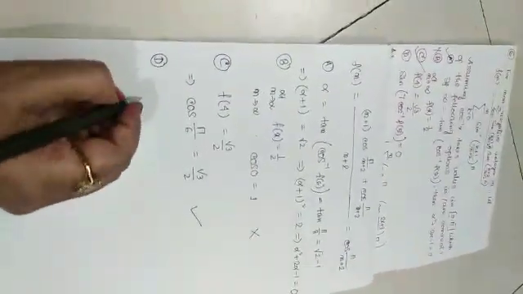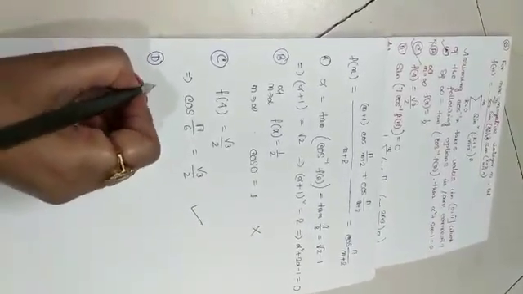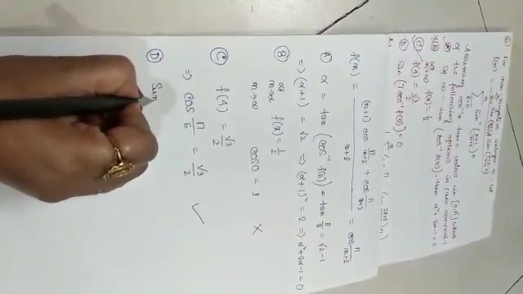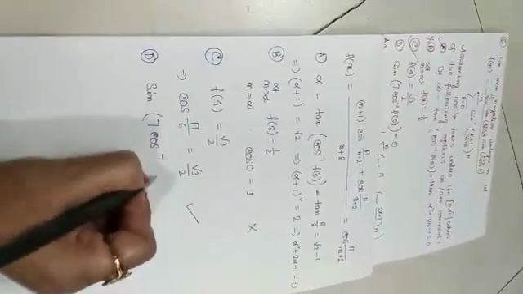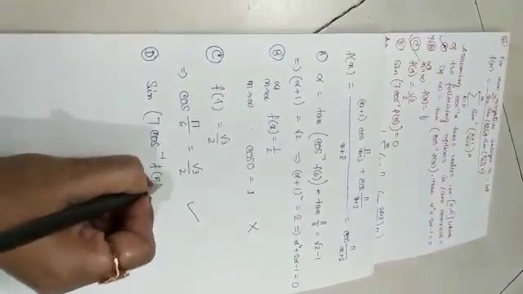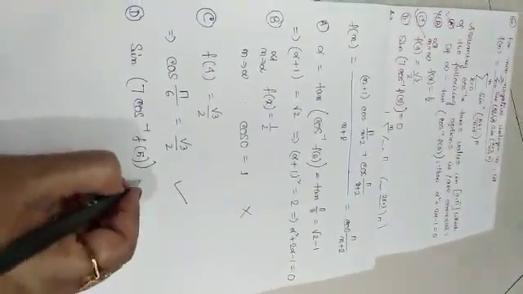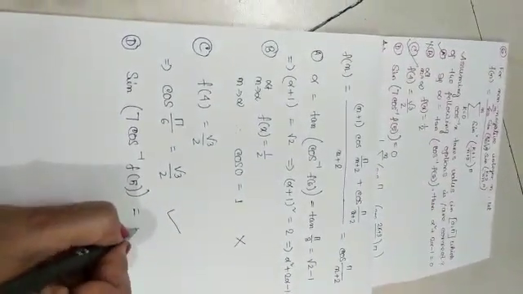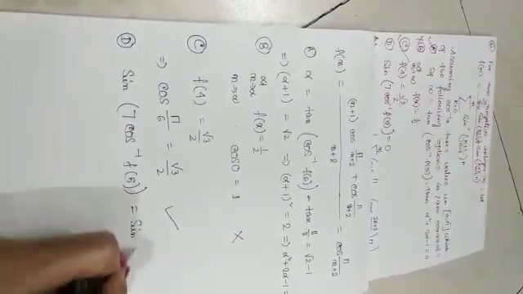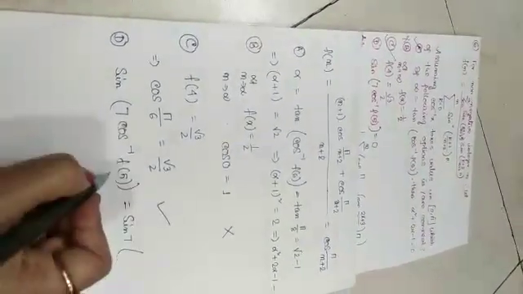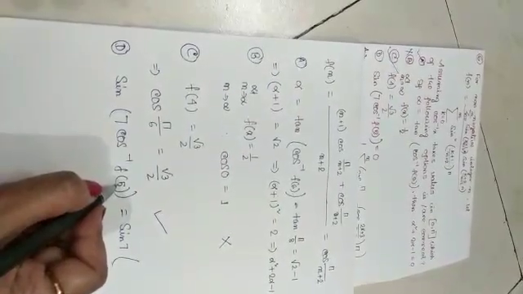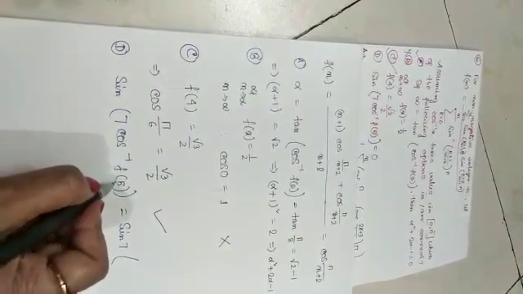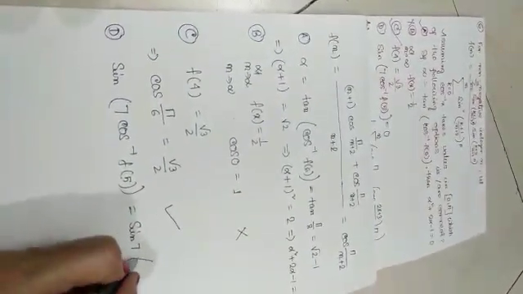Now getting to option D. Option D is sine of 7 cos inverse f of 5, that is equal to sine of 7 cos inverse of cos of pi by 7, after putting f_n at n equal to 5.